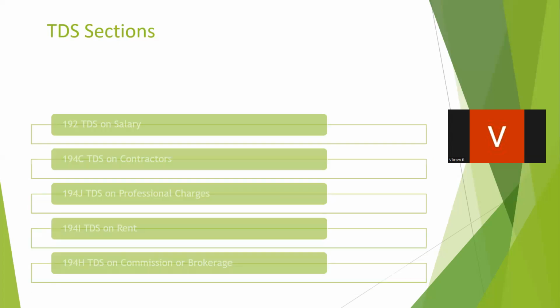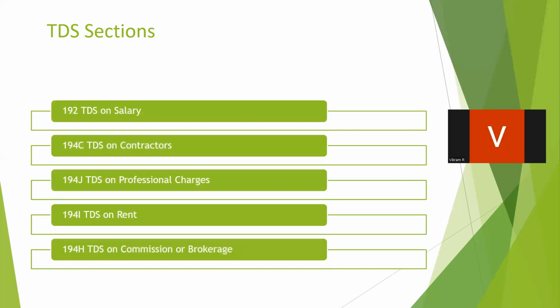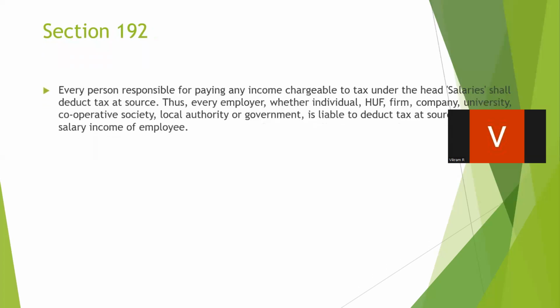There is 192, TDS on salary; 194C, TDS on contractors; 194J, TDS on professional charges; 194I, TDS on rent; 194H, TDS on commission or brokerage. First we are looking at section 192. Every person responsible for paying any income chargeable to tax under the head of salaries shall deduct tax at source.